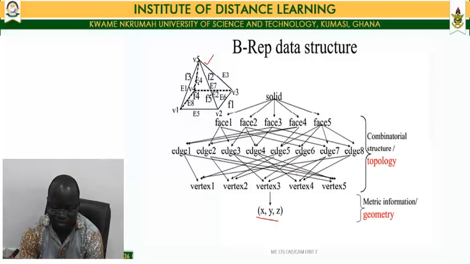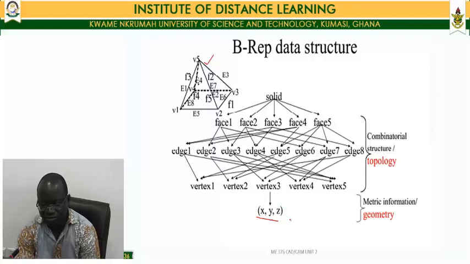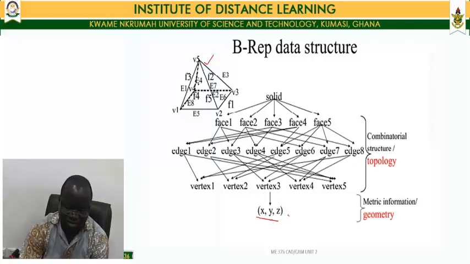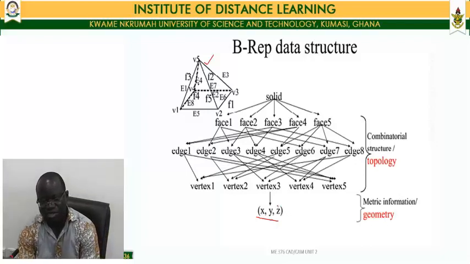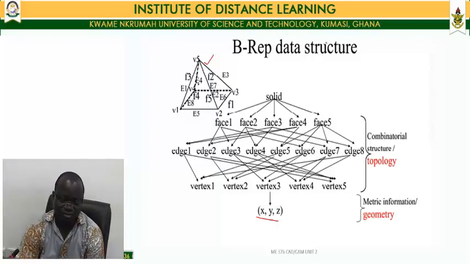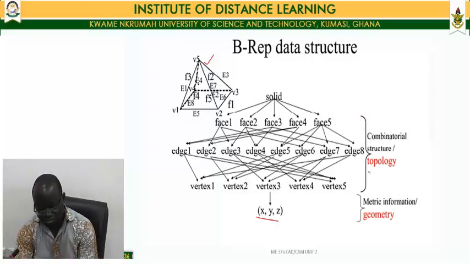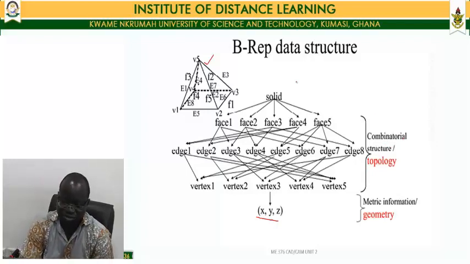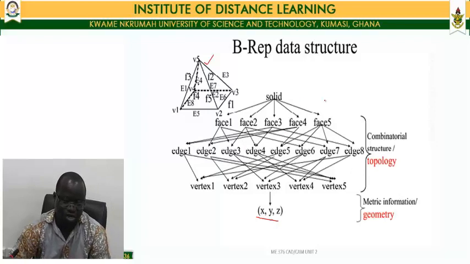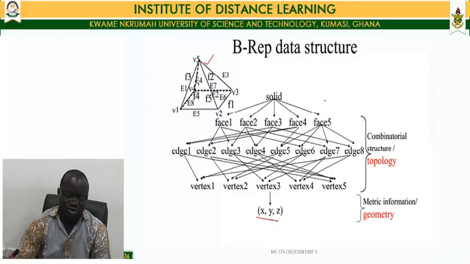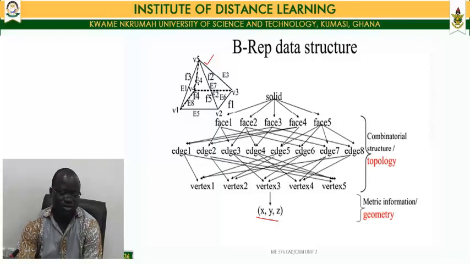But this data structure, the topology information or combinatorial structure, is what makes a B-rep very complete in its description of the solid. It stores these points, which is very important, as well as the topology, which is very important to completely describe the object.